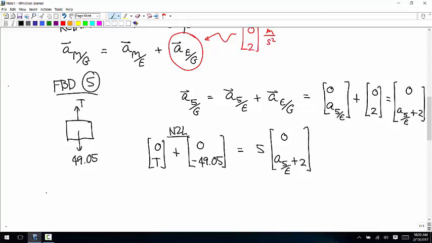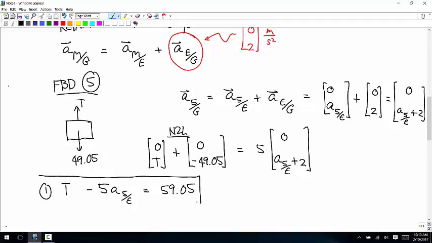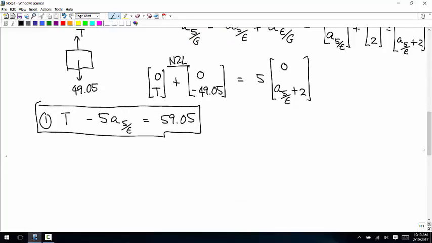That gives us the first useful equation: T minus 5 A5 relative to E is equal to 59.05. That's one equation with 2 variables, so we can't solve it yet, but we'll set it aside and use it when we get a system where we have enough equations for the number of variables. And now we'll isolate the 10 kilogram box.